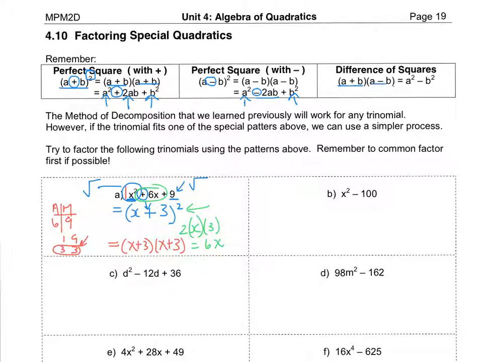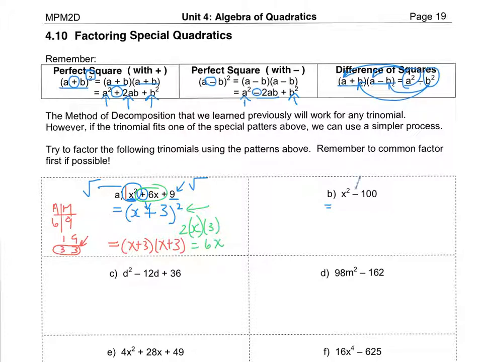So the quick way to factor when we have a perfect square, something we can square root, is to square root the first and put it at the beginnings of the brackets, square root the last and put it at the ends of the brackets, and make one bracket a plus and one bracket a minus.